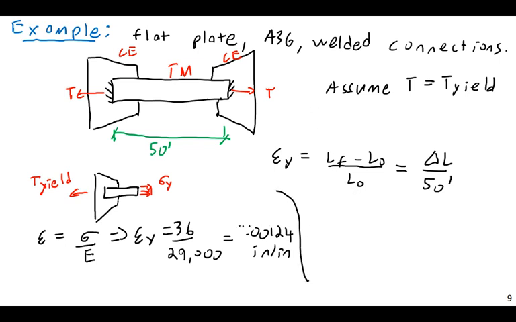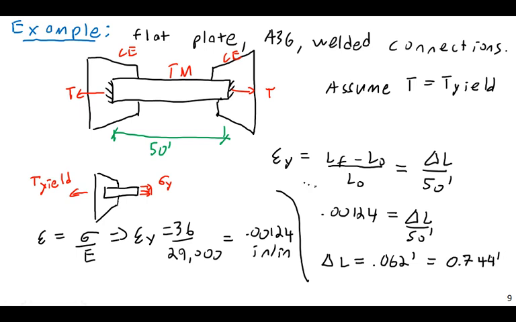Because this epsilon y is the same as this epsilon y, I'm going to say 0.00124 equals delta L divided by 50 feet, and the overall change in length in a yielding case is 0.062 feet, or 0.744 inches.